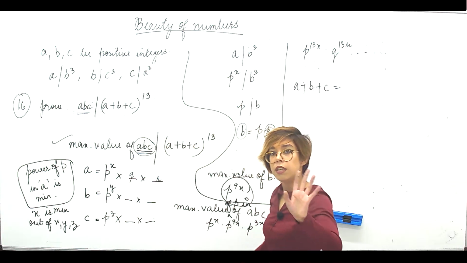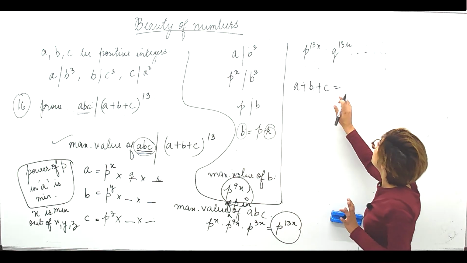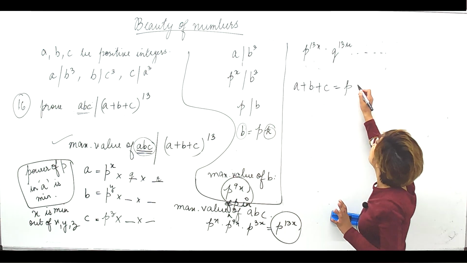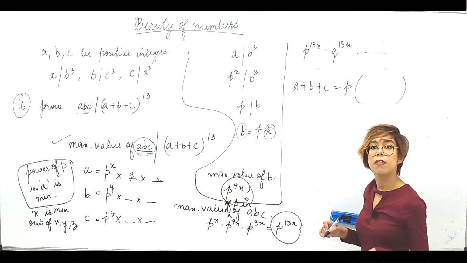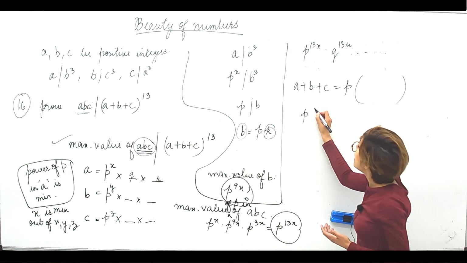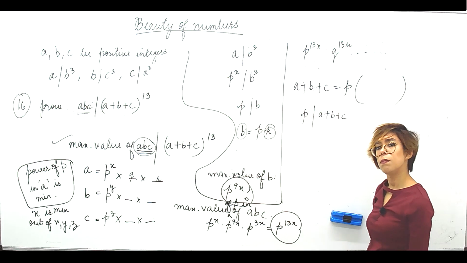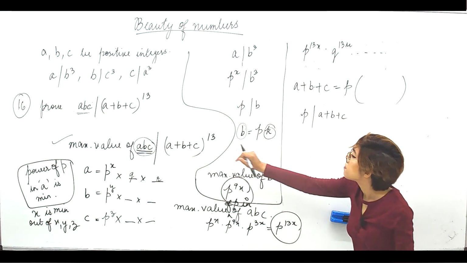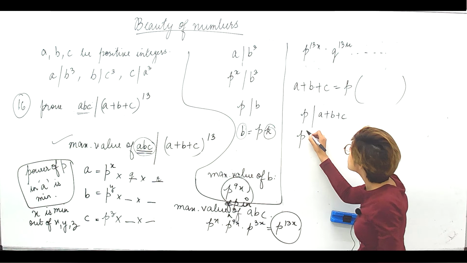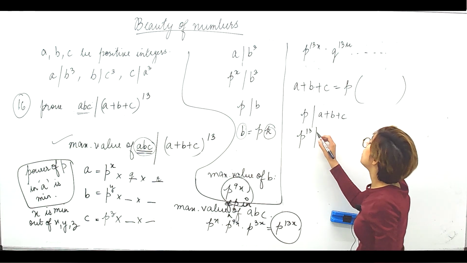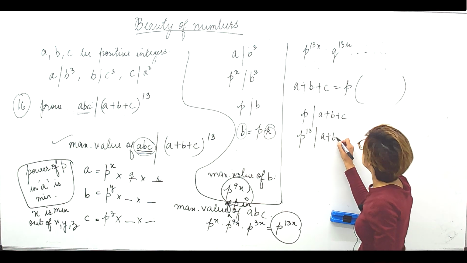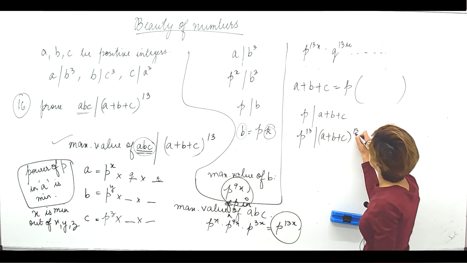P raised power 1. Right? So A plus B plus C should have a factor of P. Or I can say P divides A plus B plus C. That is common sense. Right? That means here raised power 13 was there, so P raised power 13 must divide A plus B plus C raised power 13.